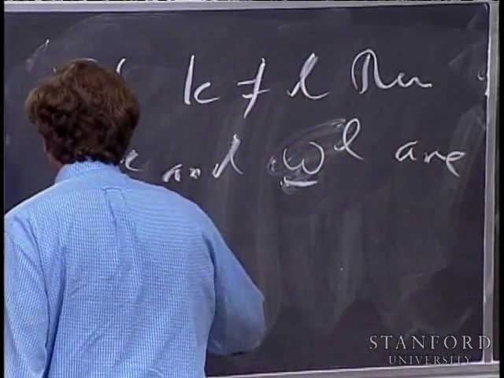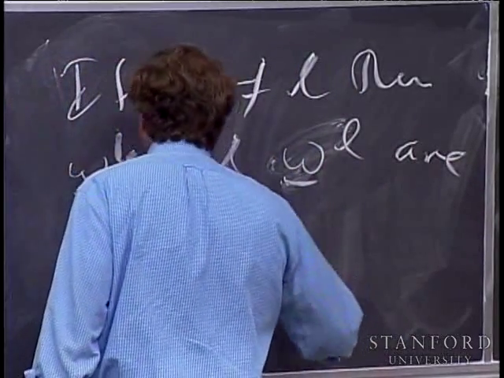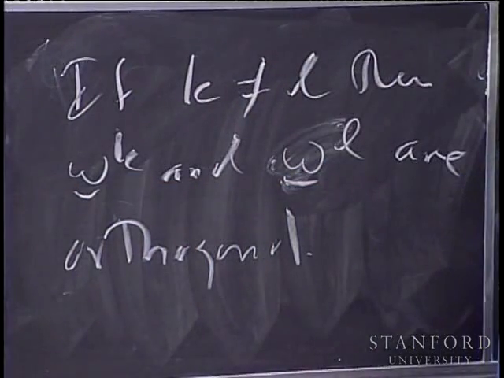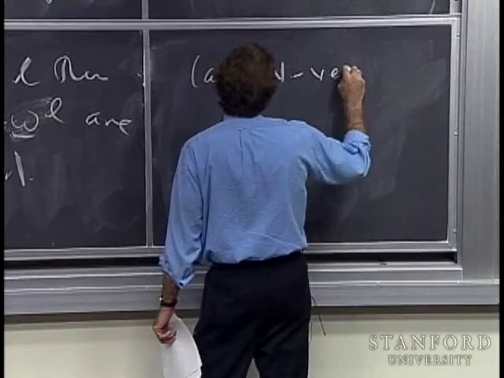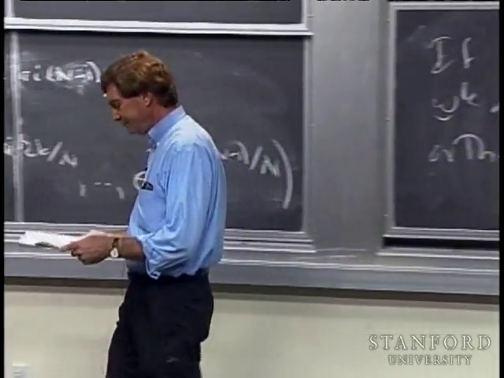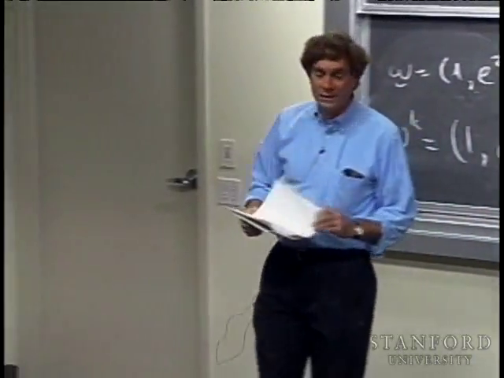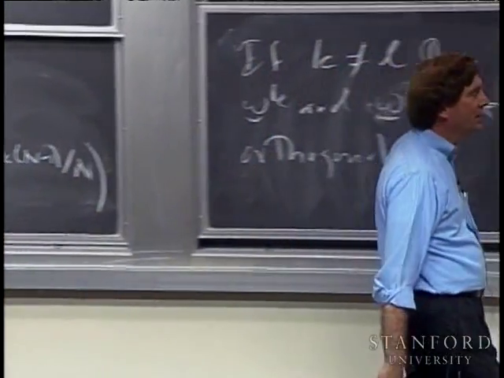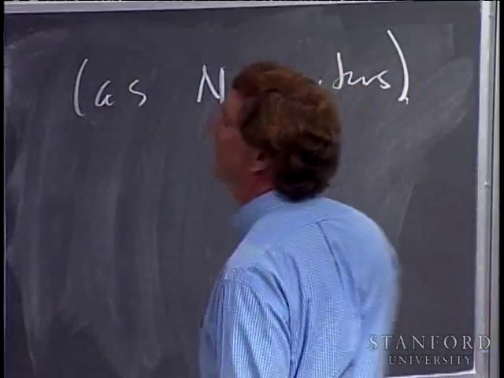Here, when I say they're orthogonal, I mean not so much thinking of them as discrete signals, but thinking of them as n-vectors. Now, I want to show you why that works, and also what happens when k is equal to l, because that's where much heartache comes.